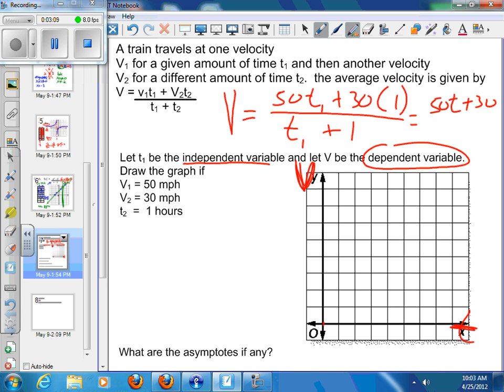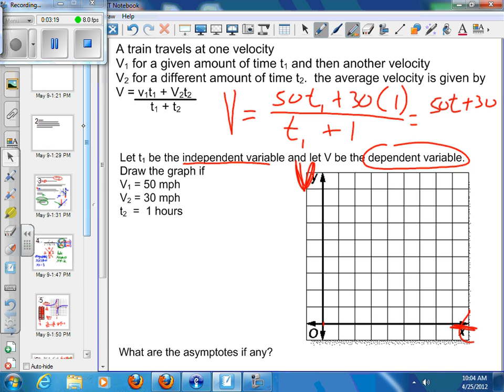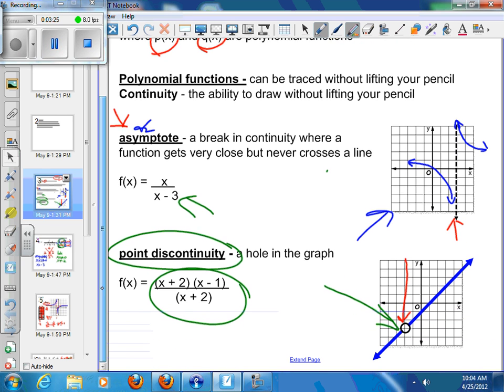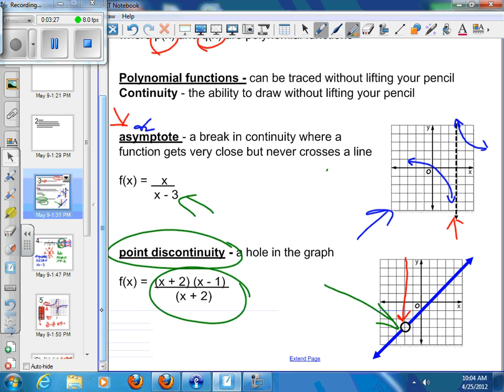So our t plus 1 is going to stay, and we can just leave it that way. So is it an asymptote or a hole? Let's go back up to where we defined asymptotes and holes. Asymptotes are when the factor is left in the equation, and holes are when they cancel out. This one is being left in the equation, so it is an asymptote.